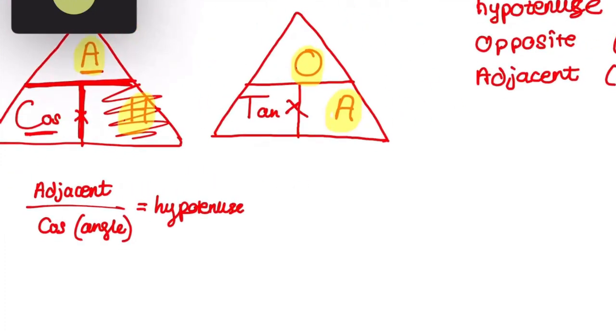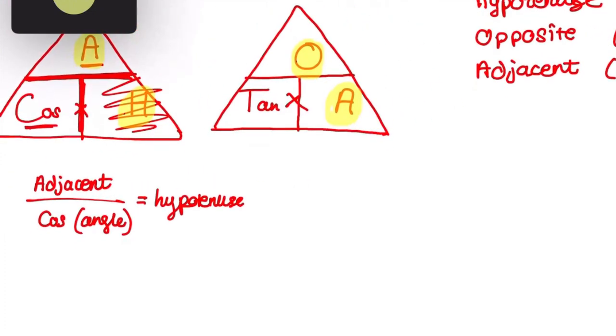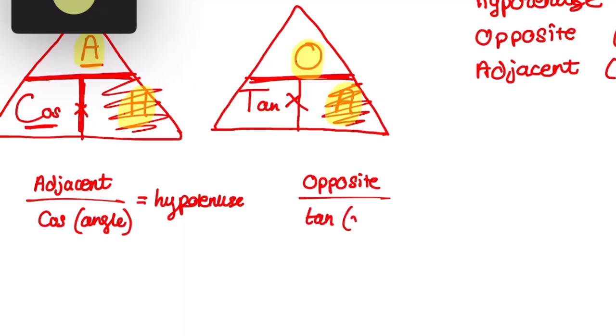So in this case over here, let's say that we need to work out A. We don't know what A is. We're going to cover it up just like that. What are we left with? We're left with O, and then there's this line over here and tan at the bottom. So if we do the opposite divided by tan of the angle, that's going to give us the adjacent.